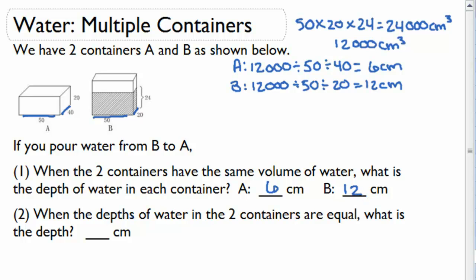Now, what are the depths of water in the two containers when they are equal? So if we wanted to figure out what the two containers would be when they are equal in depth, we would need to know the base of A, which is 50 times 40, which would be a base area of 2,000, and B, which has a base area of 50 times 20, which is 1,000.